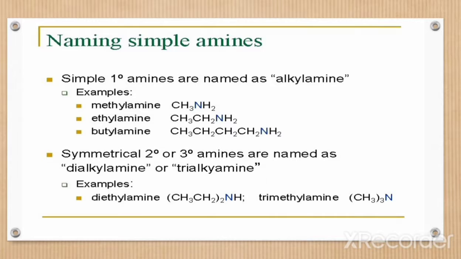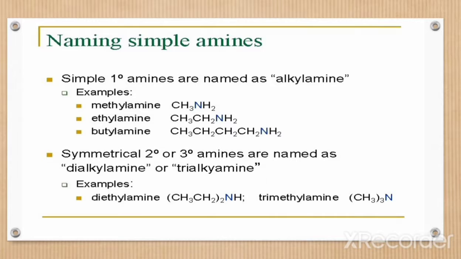A methyl group attached with the amine group will be named methylamine, and the ethyl group, a two carbon compound of alkane, with the amine group will be named ethylamine. The third example, a 4 carbon alkyl group with the amine, will be named butylamine. So these are the common names of 1 degree amines.